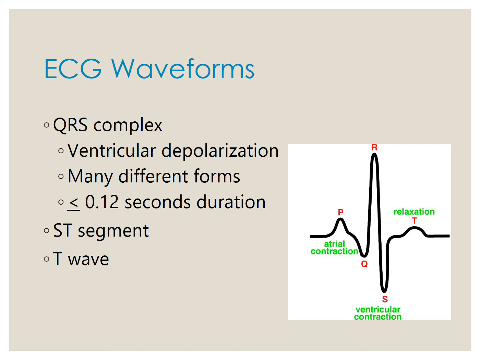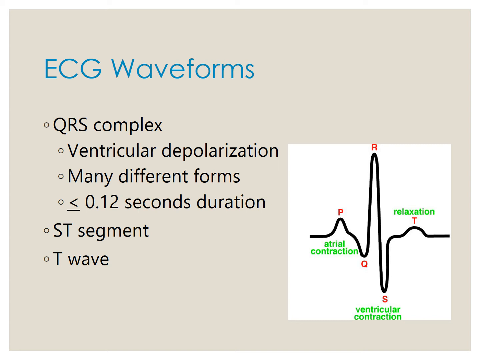The upper limit of normal for a QRS is less than or equal to 0.12 seconds in duration. 0.12 seconds is 3 small squares. Remember, 0.04 is one of those small squares. So your QRS, to be within normal parameters, should be equal to or less than 0.12 seconds. And that is something else that you should know.